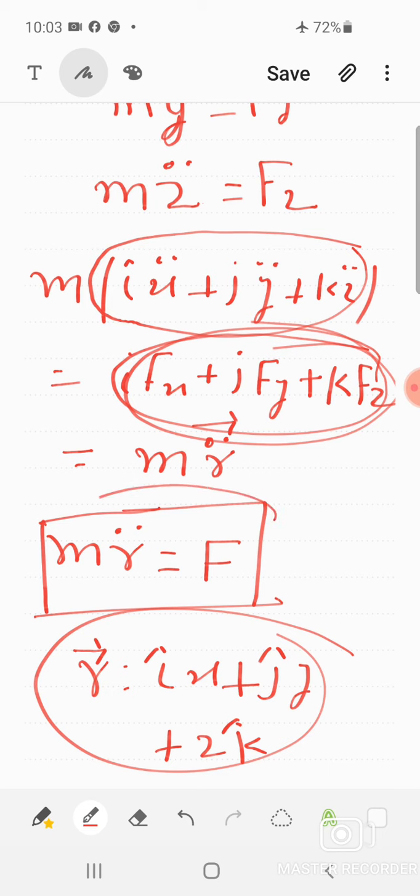And we find the equation of motion of the free particle in Cartesian coordinates, given by this equation, which is originally Newton's equation of motion.